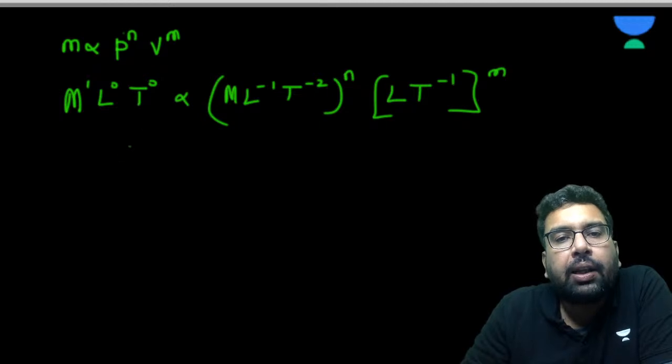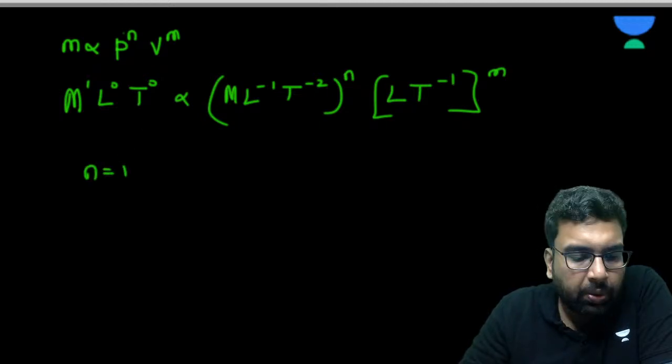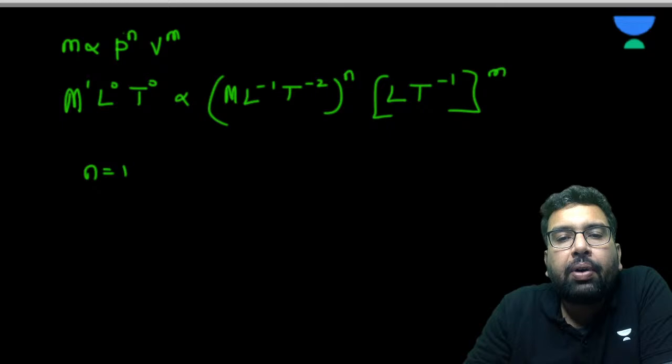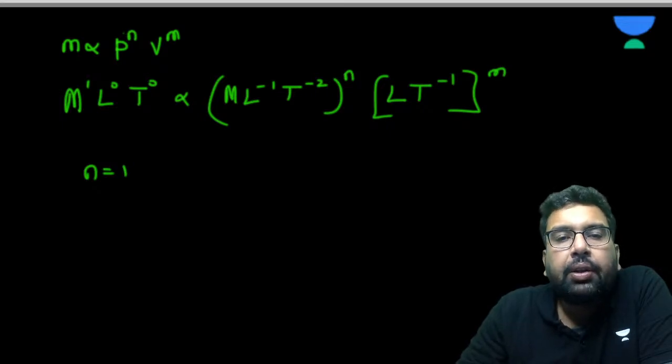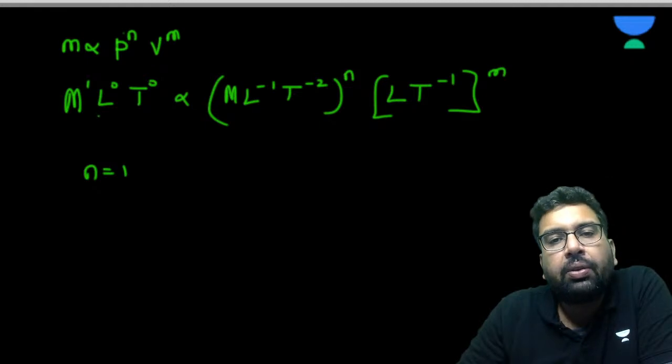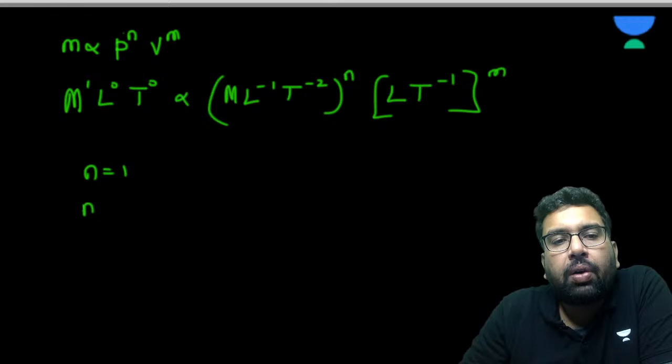Now I am going to compare the powers of the same base. The power of M on the right-hand side is n, on the left-hand side it is 1, so n will become 1. Now the power of L will be m minus n equal to 0, so m equals n.